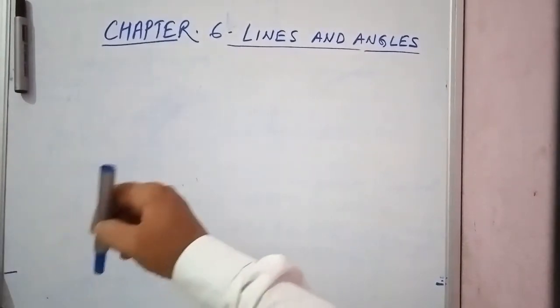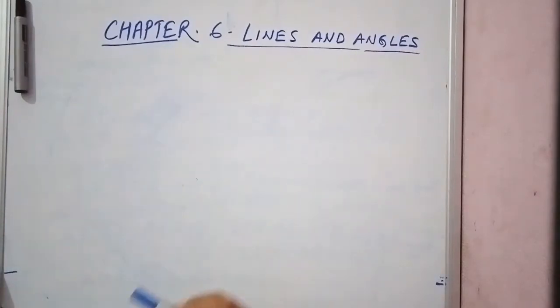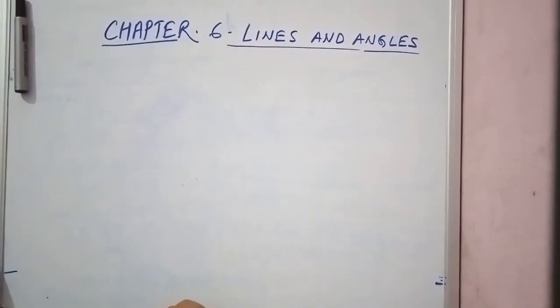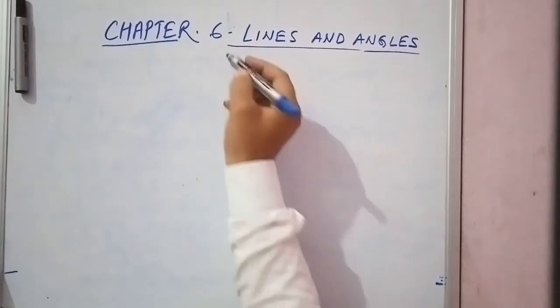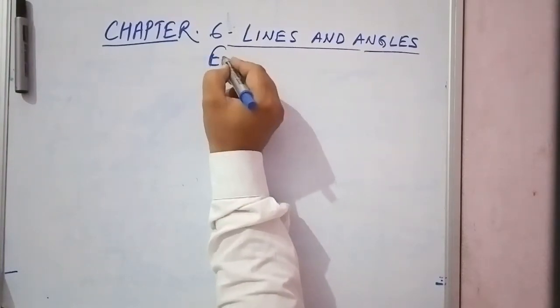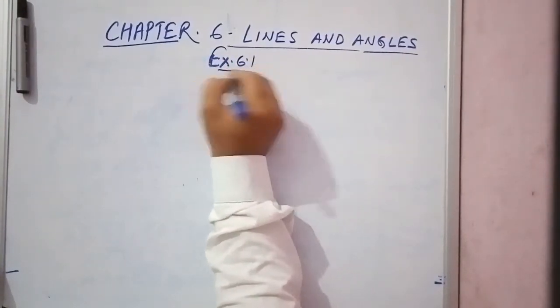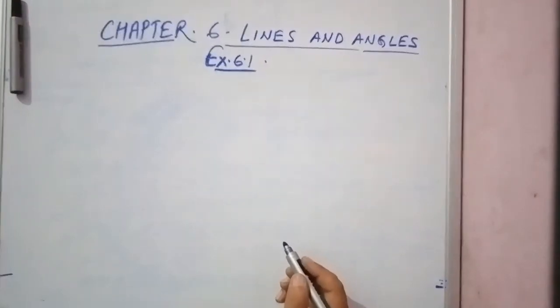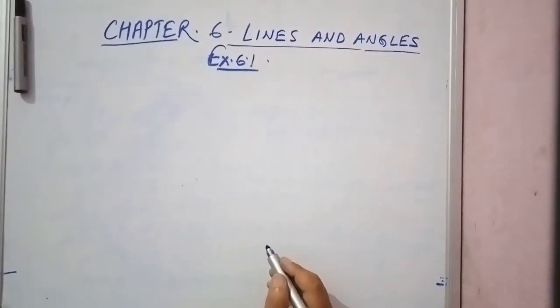Now in exercise 6.1, the first question is given. In the figure, lines AB and CD intersect at O.